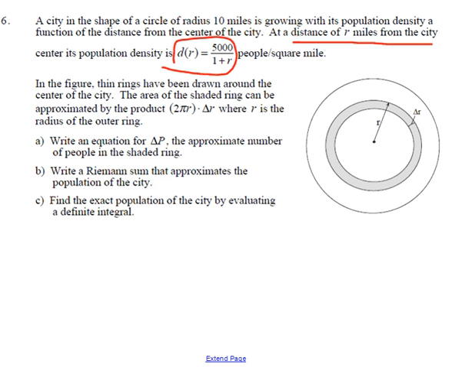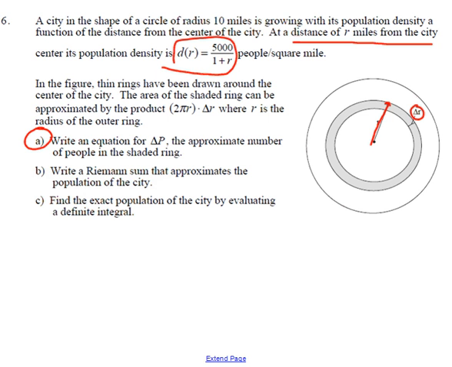So this is a slightly more challenging problem because now the density is changing radially. So as I go out along this radius, given a small little change in r, that's going to cause a change in density. So let's just follow the problem.